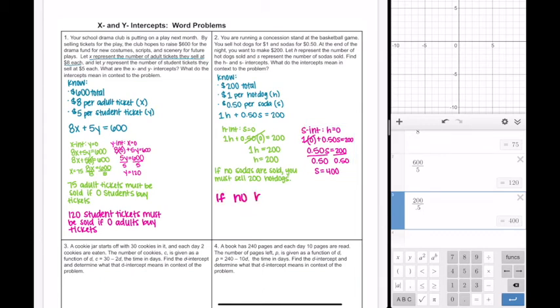So if no hot dogs are sold, you must sell 400 sodas in order to make $200.